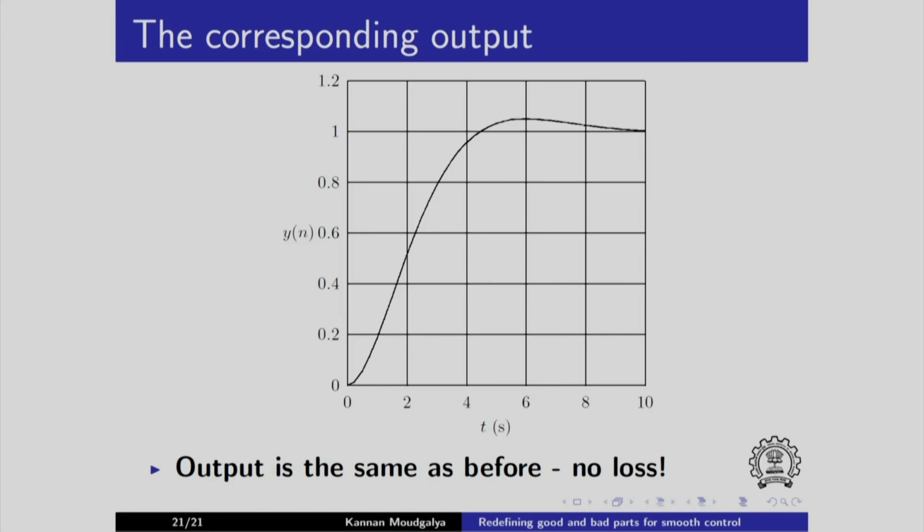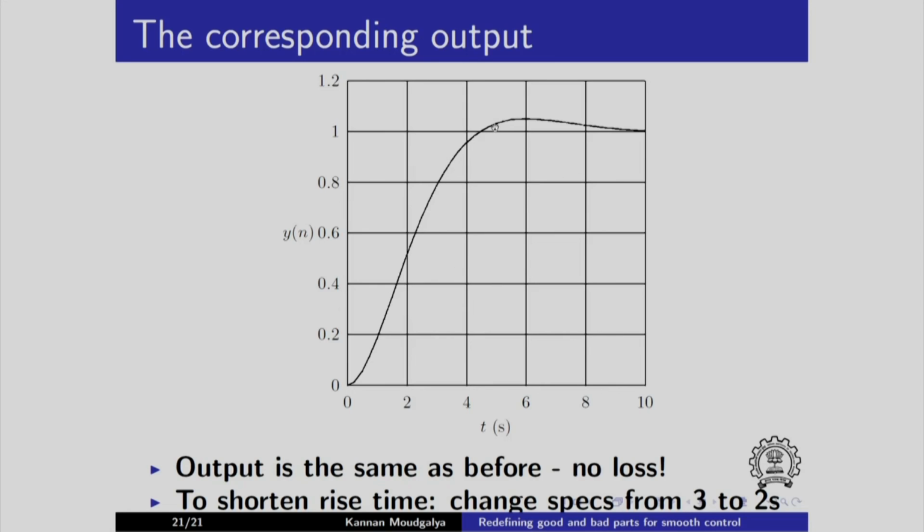This output is not in any way inferior to the previous output. In other words, we got the same output and the control effort improved significantly, and in fact the control effort is something that we can implement. There are no oscillations and hence there is no wear and tear of the control valve.